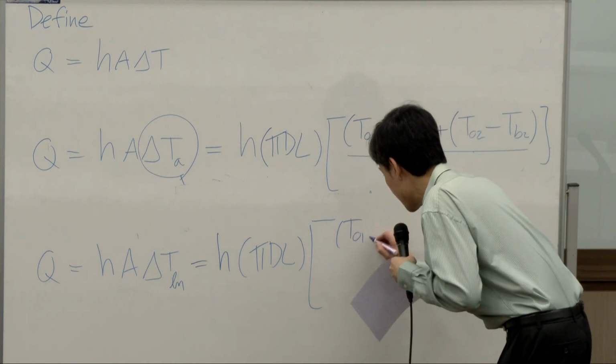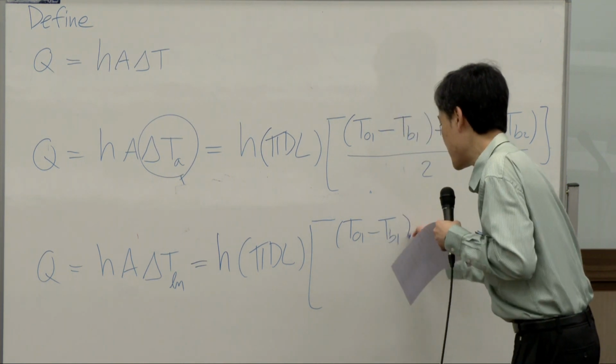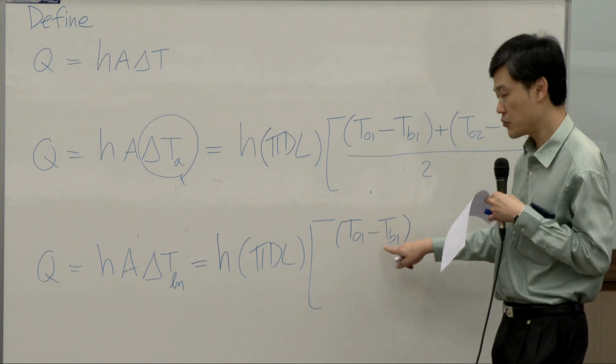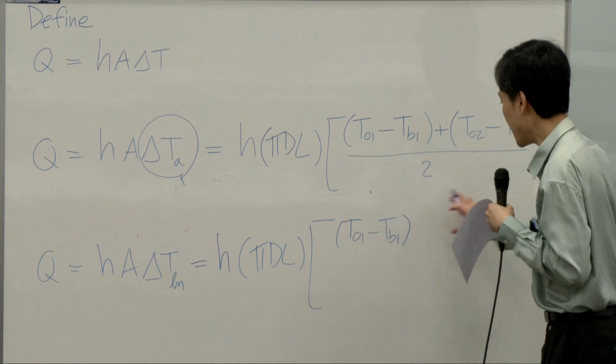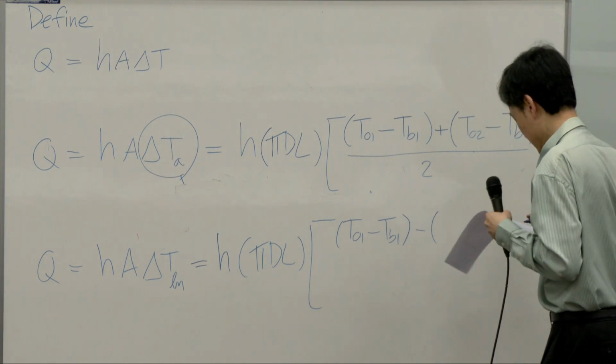So it is still the driving force difference between temperature from the wall to the bulk, but the way to average is now logarithmic.